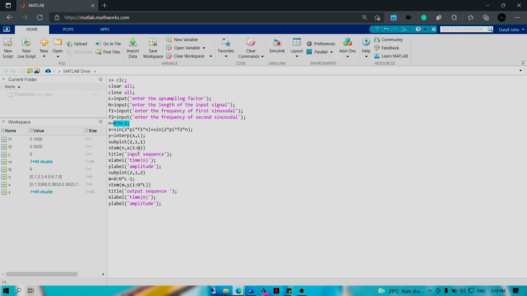And that equation will be now added to sine of 2 pi multiplied by the frequency of the second sinusoidal and multiplied again to our array.